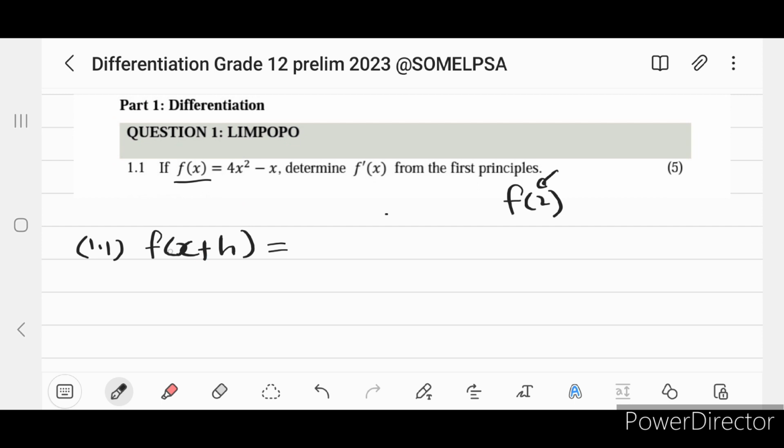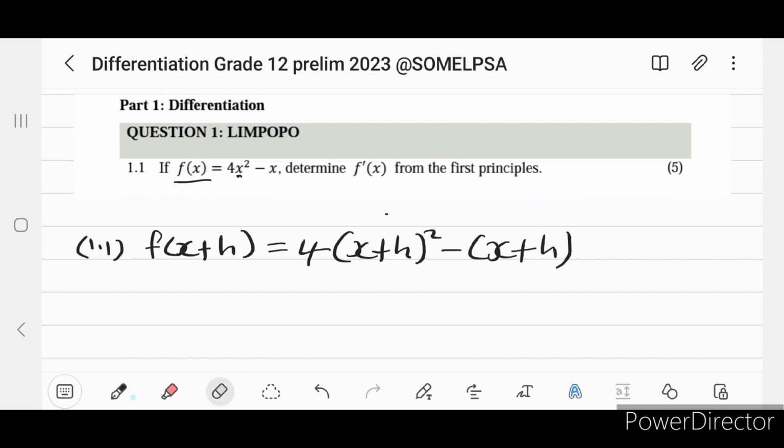So if it's f of x plus h, that means in place of x, I will put x plus h. So it's 4 on x, I put x plus h squared, minus on x, I put x plus h. That is how we do this.